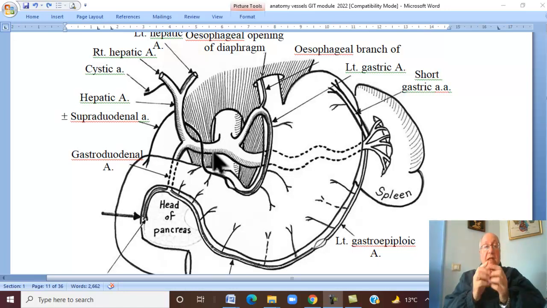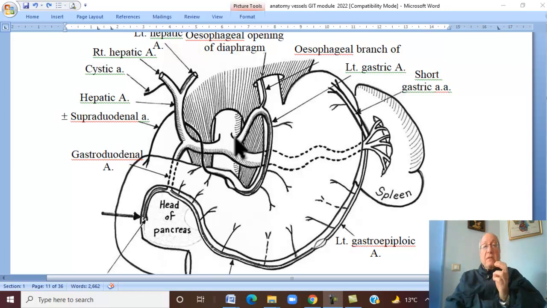Is celiac trunk a successful artery supplying the abdominal part of our gut? Sure. The branches of celiac trunk supply the abdominal part of the esophagus by esophageal branches of left gastric.